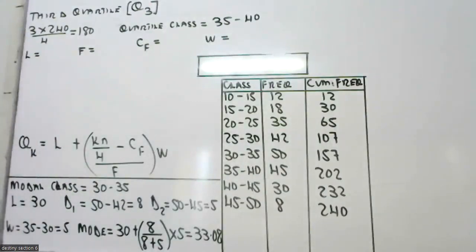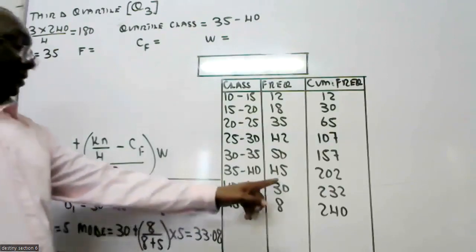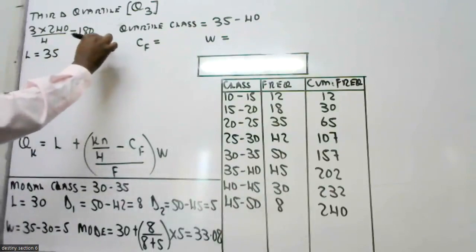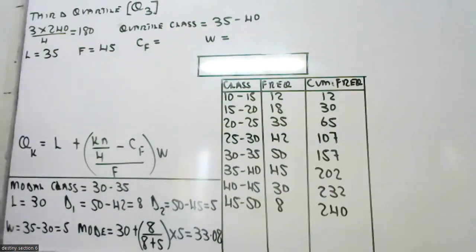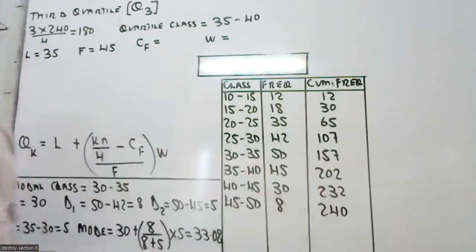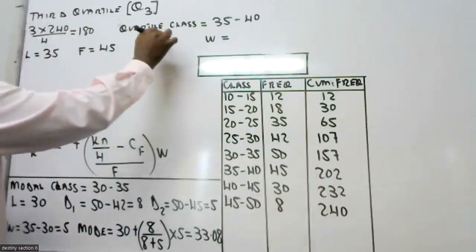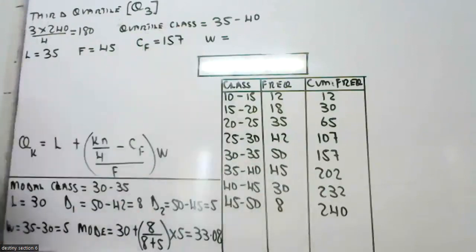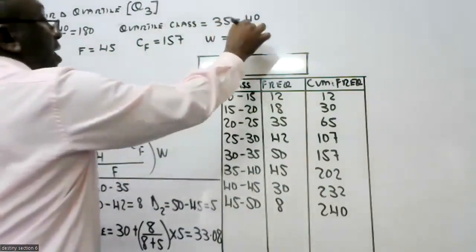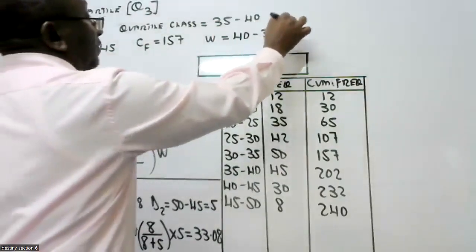The lower limit is 35. The frequency of that class is here, 45. The cumulative frequency above, this one, 157. And the width is 40 minus 35, which is still 5.